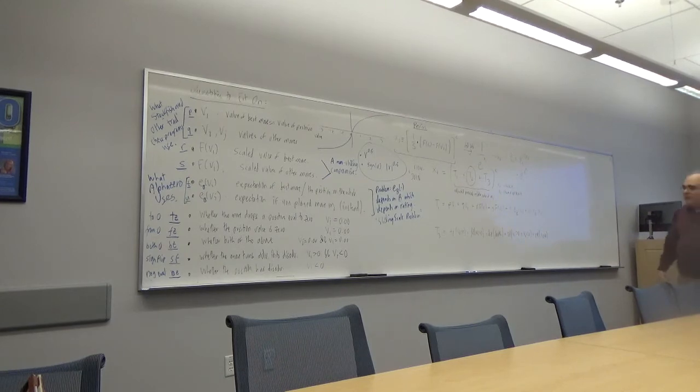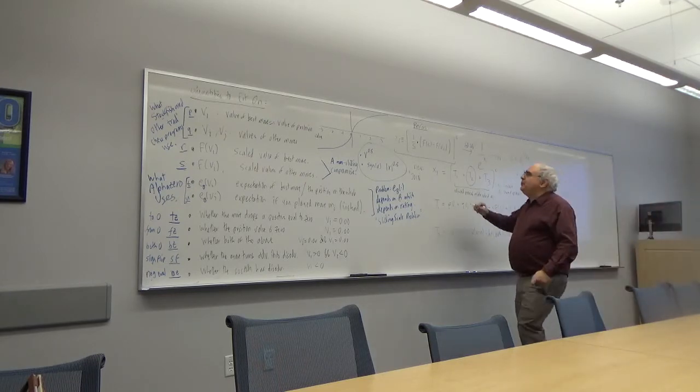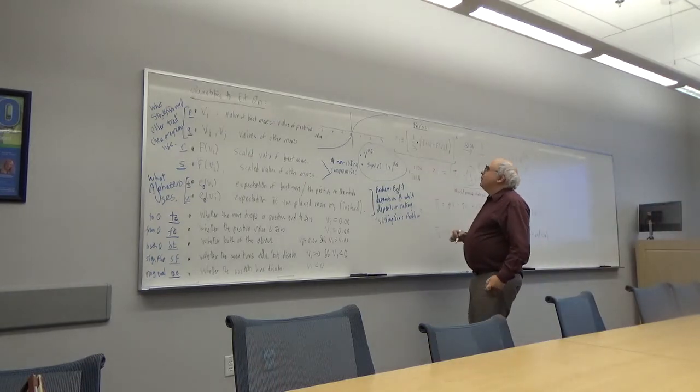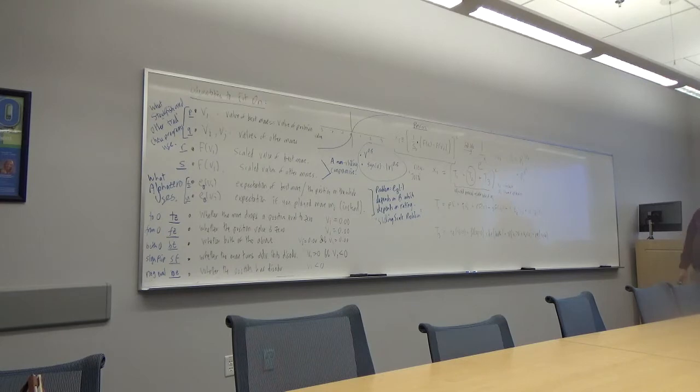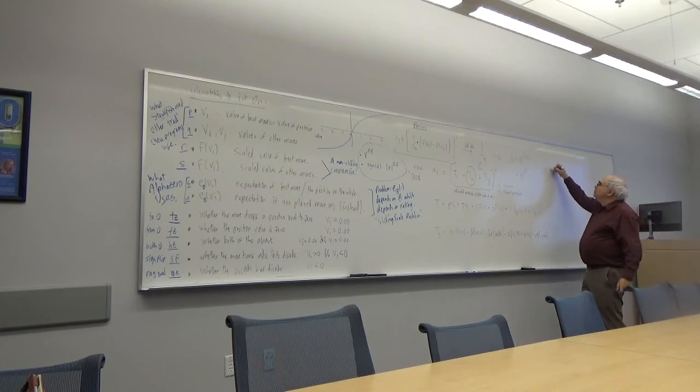Okay. Now, let me call this S0 for the old S. So now here's the new model equation. Let's look at what the old model had.